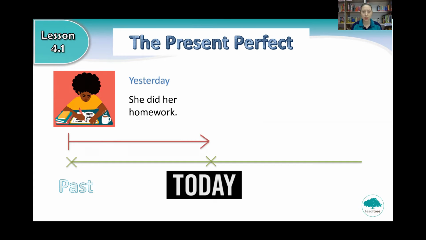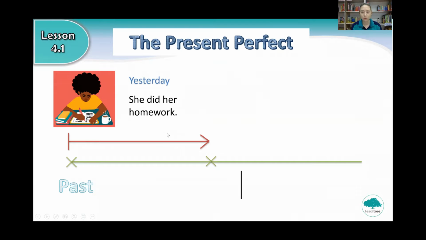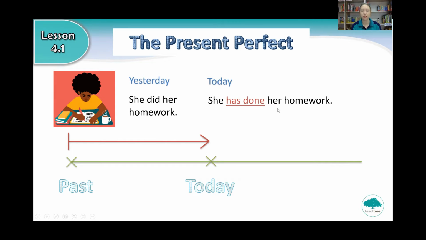So yesterday, she did her homework. And if we want to use the present perfect, we can say, today, she has done her homework. So she has done her homework. It happened yesterday, but it's still true today.